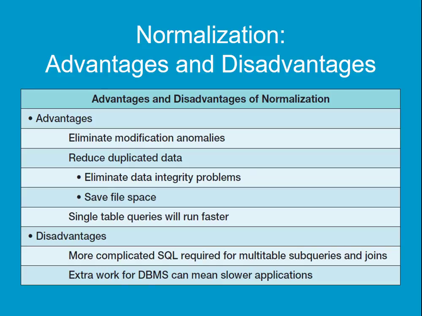With most things that we want to make better, there are advantages and disadvantages. So here are those advantages and disadvantages of normalization. It eliminates those modification anomalies I mentioned earlier. It reduces the amount of duplicate data. We do not want redundancy of data.